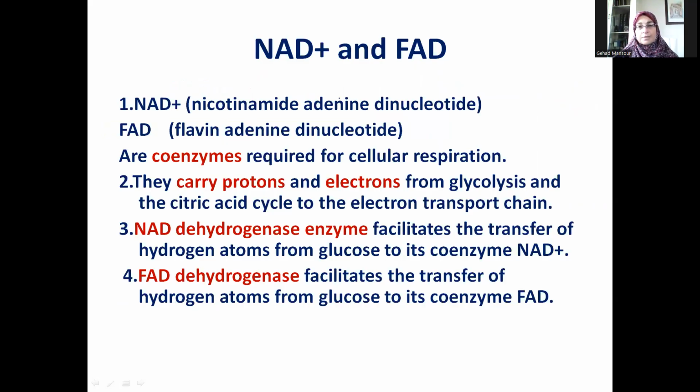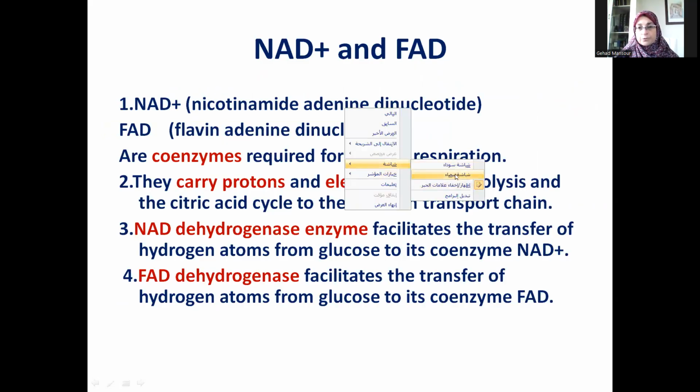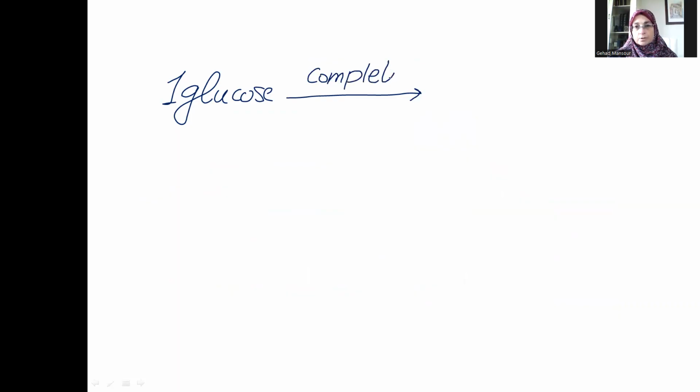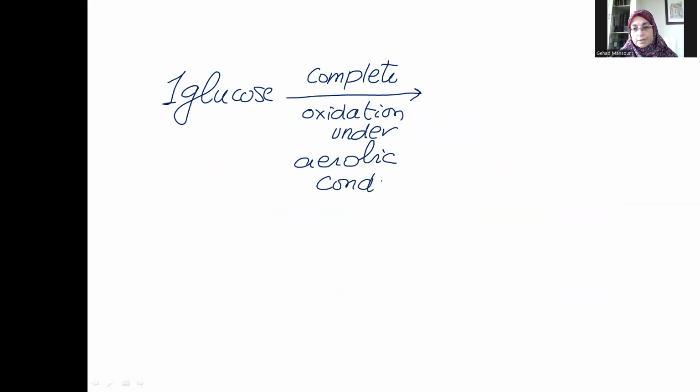So here, 1 glucose molecule upon complete oxidation under aerobic conditions is supposed to give you 6 carbon dioxide molecules.